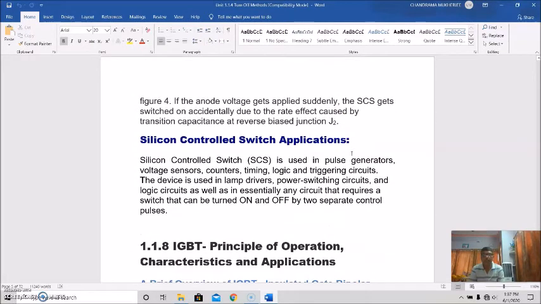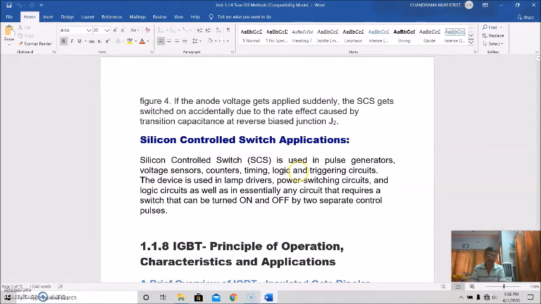Now the silicon control switch, its application. The silicon control switch is used in pulse generators, voltage sensors, counters, timing circuits, logic circuits, design circuits, etc. The device is used in lamp drivers, power switching circuits, and logic circuits, as well as in essentially any circuit that requires a switch that can be turned on and off by two separate control pulses.